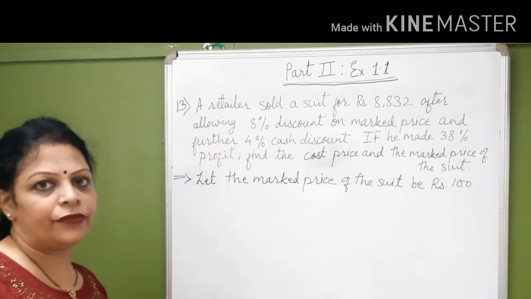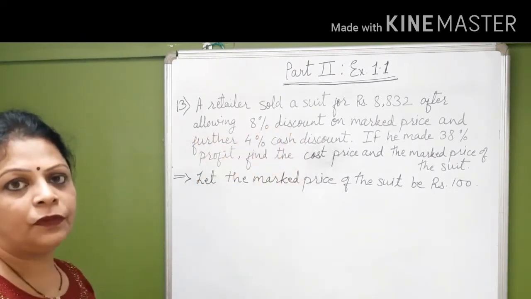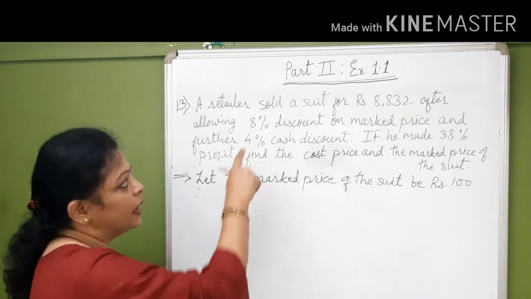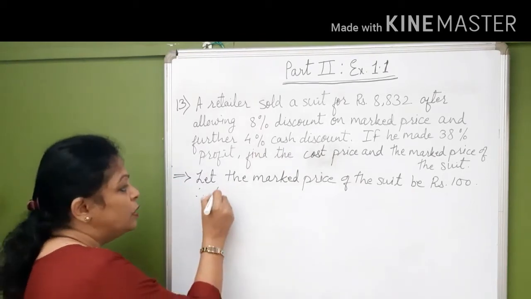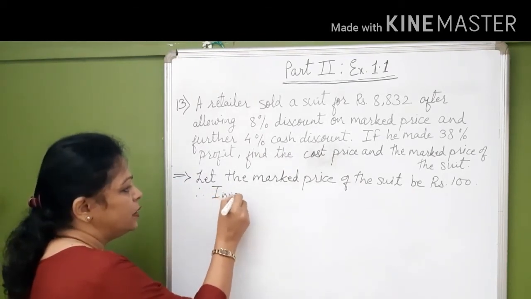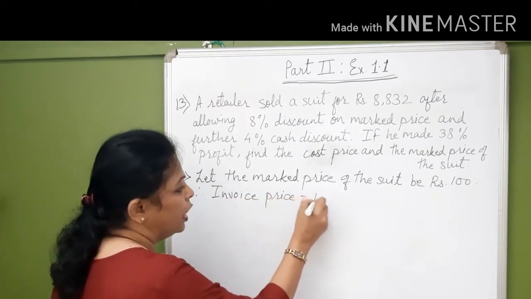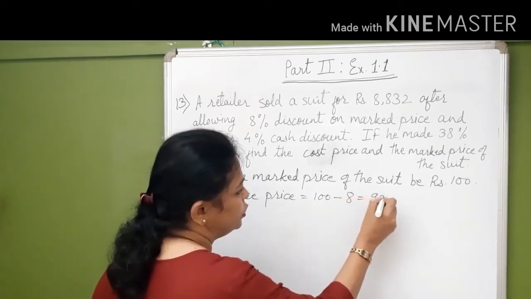Let us start from 100. Now he allows 8% discount. Correct? So that means that price, after deducting discount from the mark price, is called the invoice price. So invoice price will be equal to 100 minus 8, that is 92 rupees.